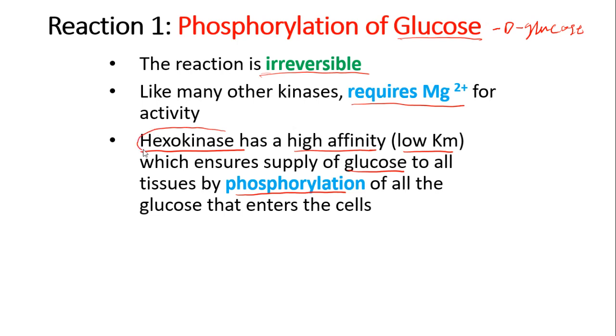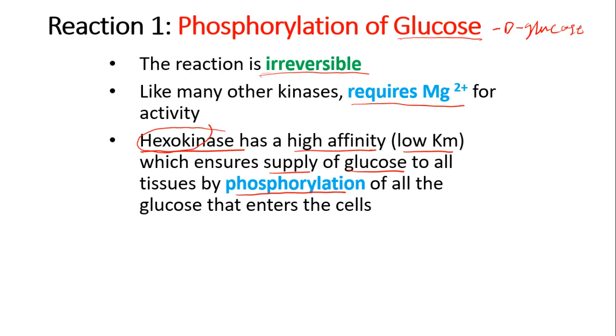So this enzyme, which has a high affinity, makes sure that there is a supply of glucose to all the tissues. It makes sure that every tissue has access to the energy.